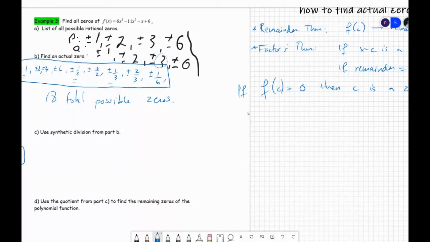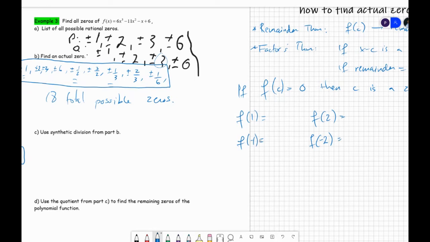So here's what I want you to do. I want you to plug in some numbers. Let's start with 1, -1, and let's do 2, -2. Okay, so let's do that first.